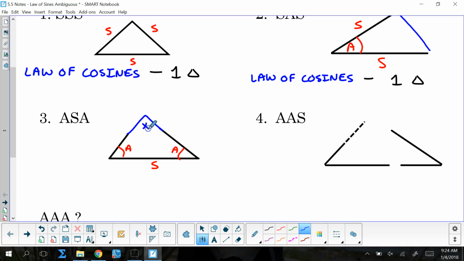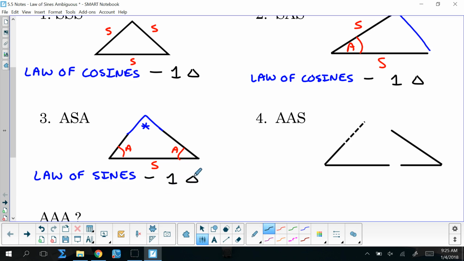So I can get that angle right there, and now I've got a complete fraction for the law of sines. So this one I can use the law of sines. The cool part about angle, side, angle is that one triangle is possible.